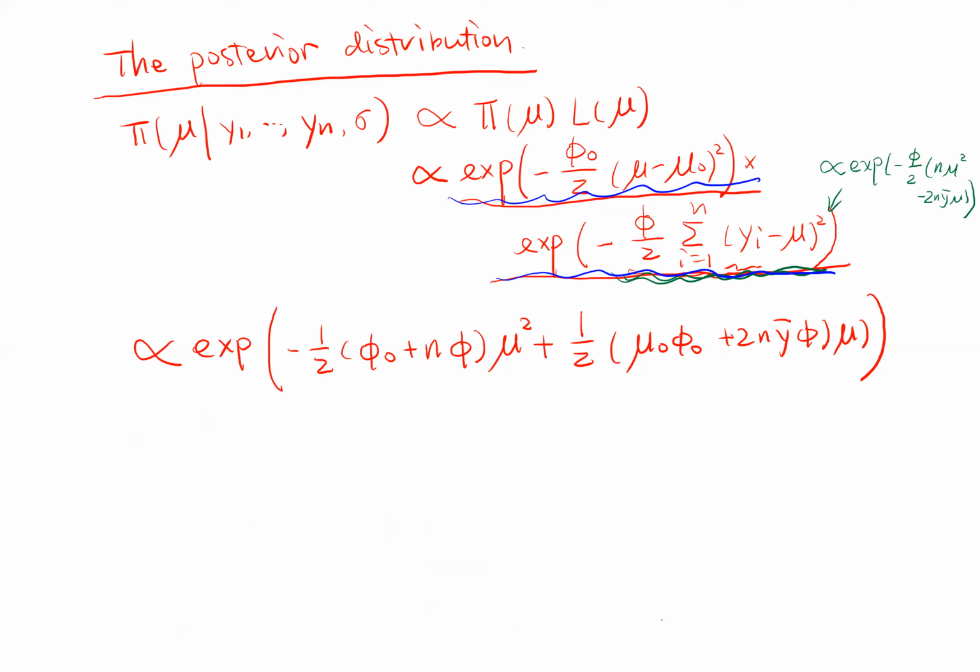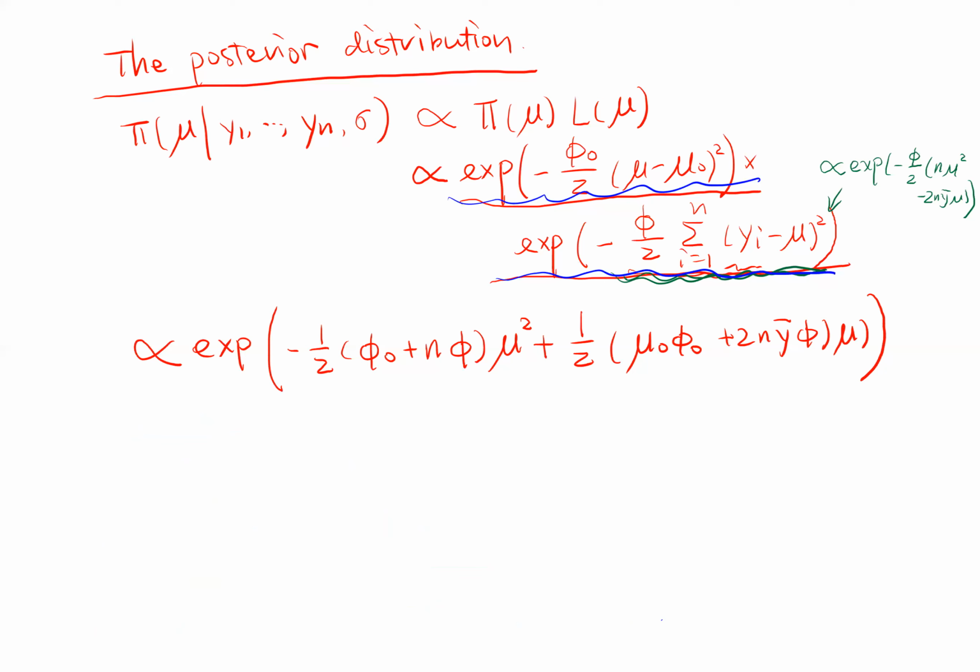So I wrote the next step, which is what you should get to at this point if you do it in the right way. So this is further simplification and combining the terms of mu squared and mu.